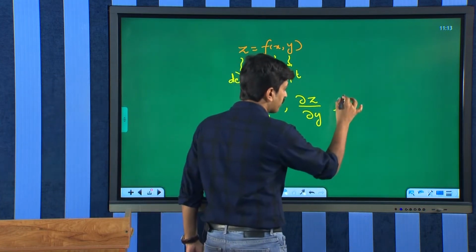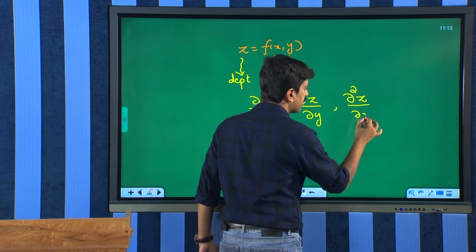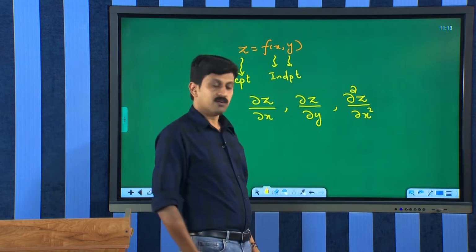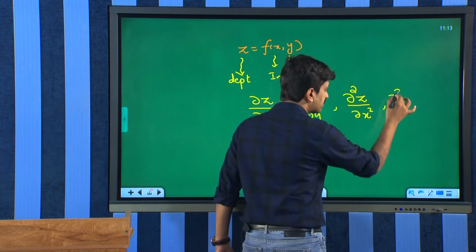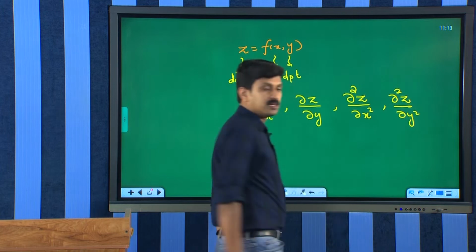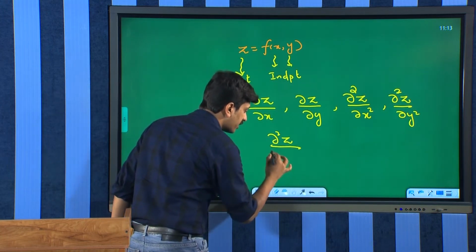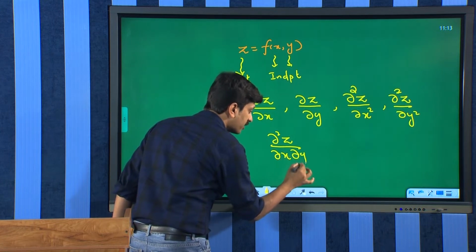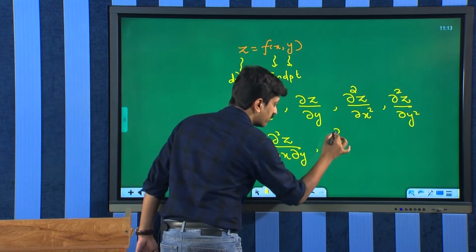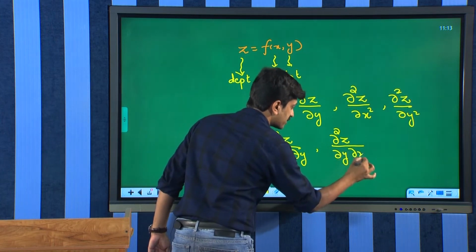Similarly we can have the second order derivatives dou square z divided by dou x square, dou square z divided by dou y square, dou square z divided by dou x dou y, or dou square z divided by dou y dou x.